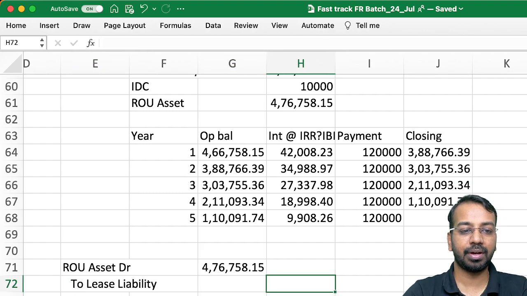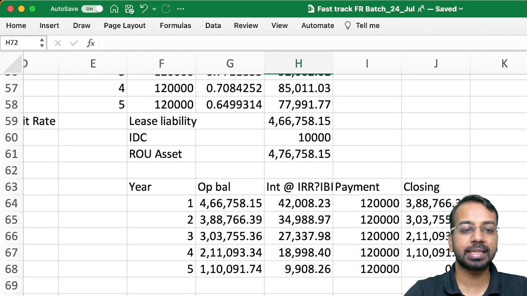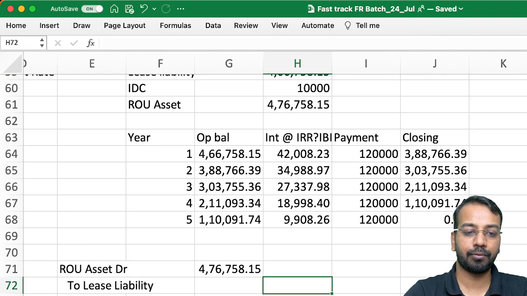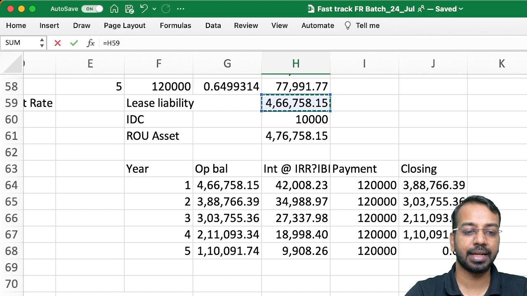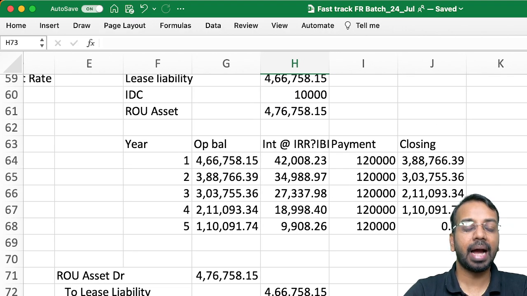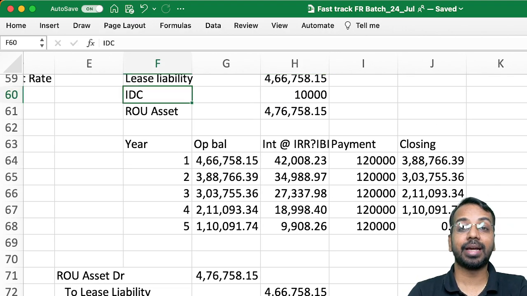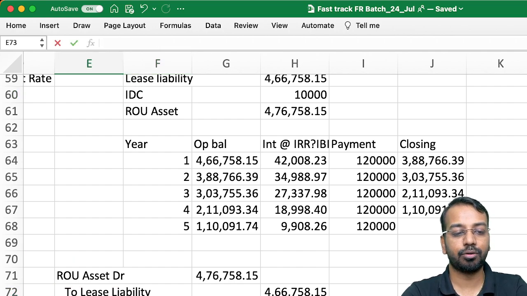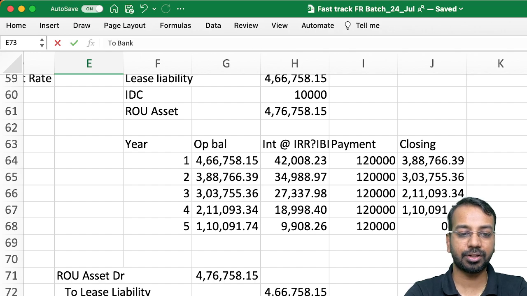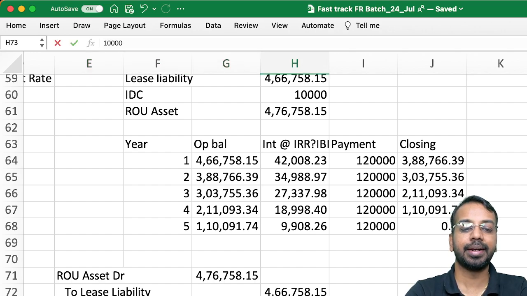Now, lease liability we have determined as 466,758. And the initial direct cost that we have calculated, we would have paid by bank or by cash. So we can say to bank or cash 10,000. So our journal entry is done.